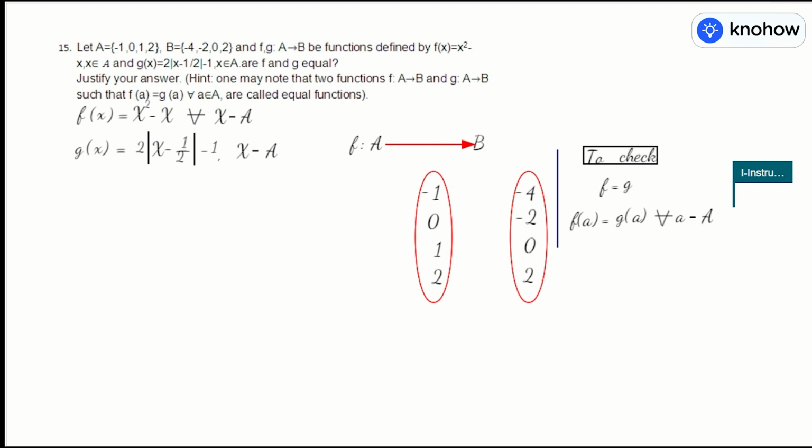So let me see with the help of Venn diagram, first of all, the correspondence under function f. What is the definition of f? f(x) is defined as x² - x.